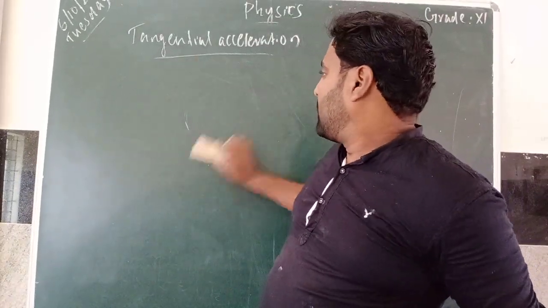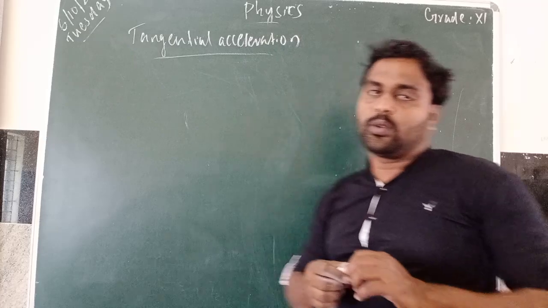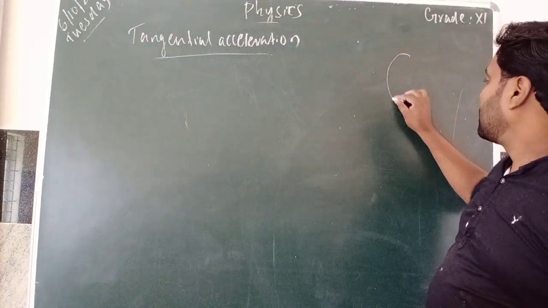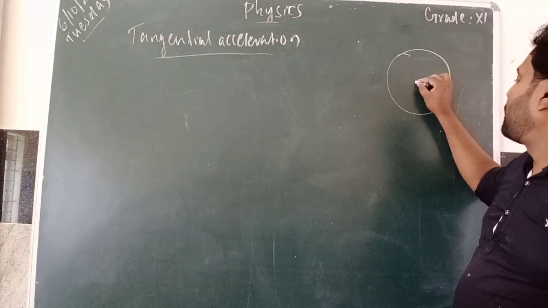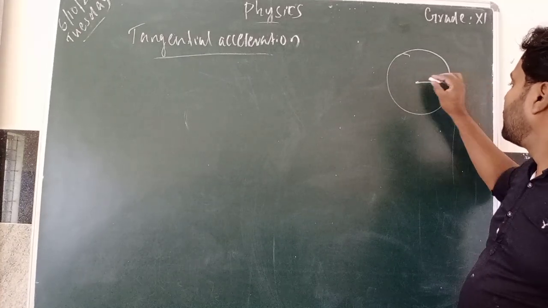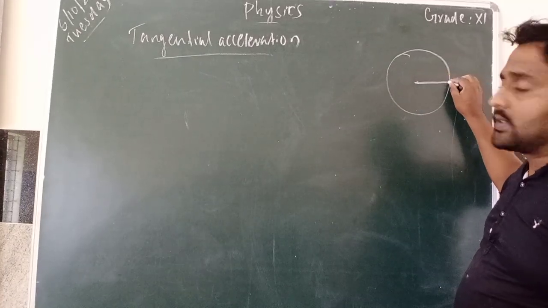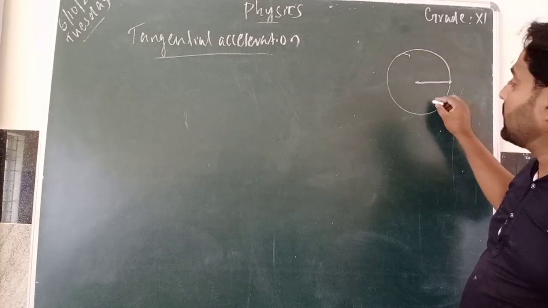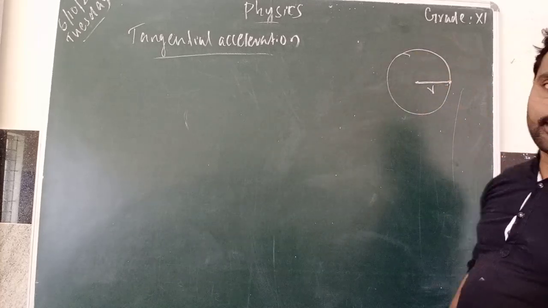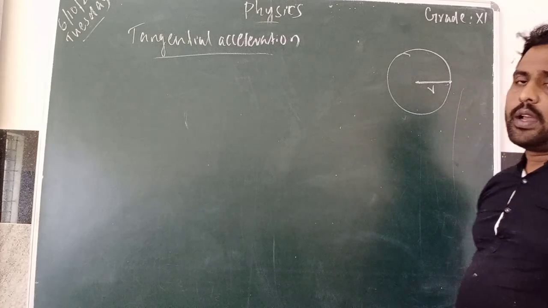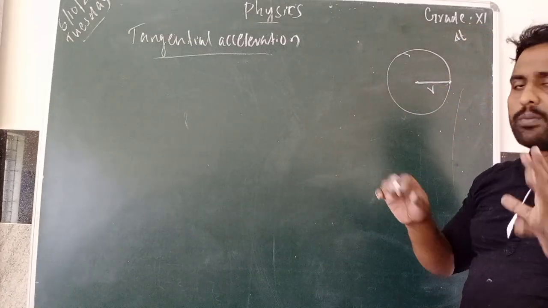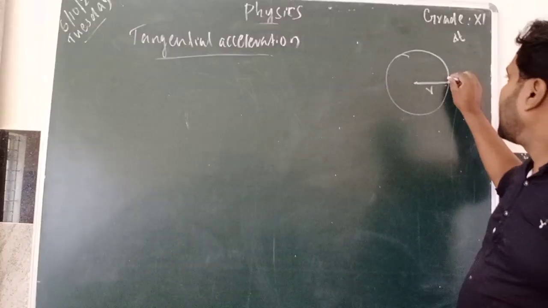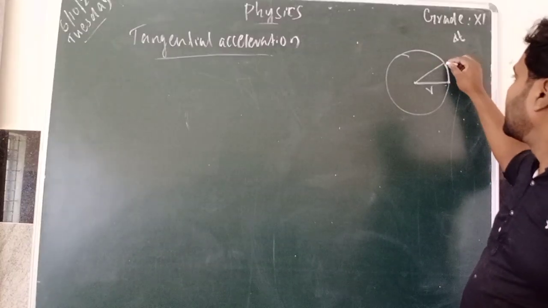We have a small derivation. For that you can choose the same thing. Assume that a particle is rotating in a circular motion whose circle radius is r, and for some time delta t, this arc distance is changing.